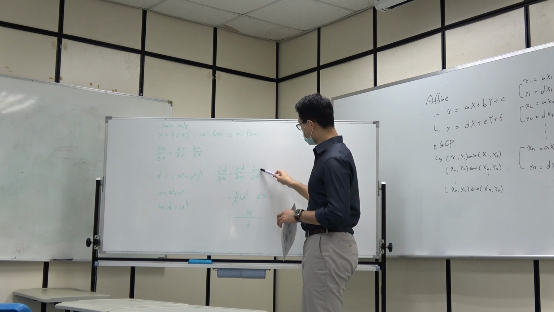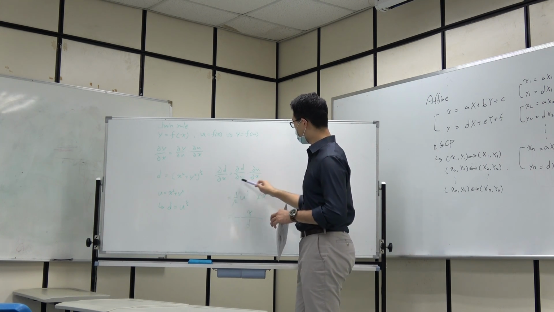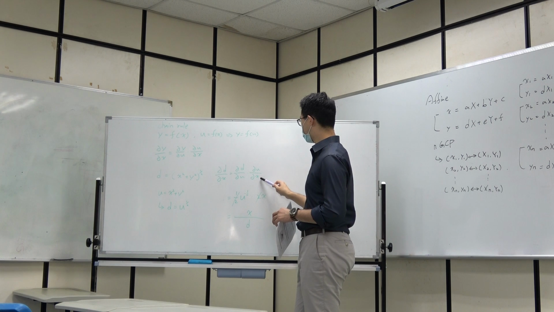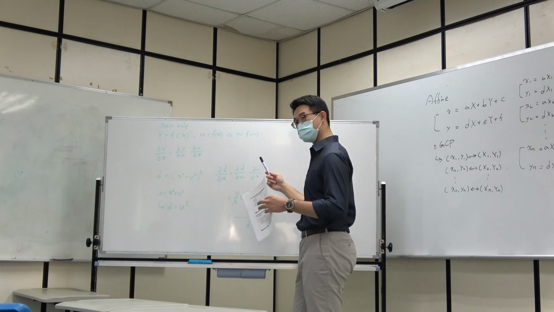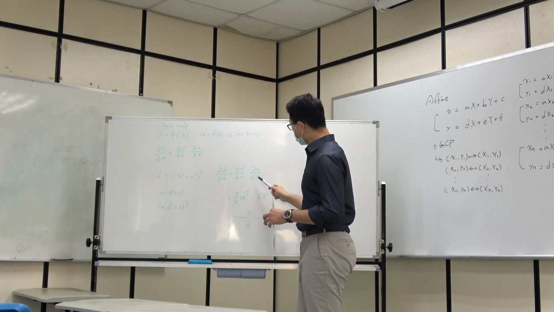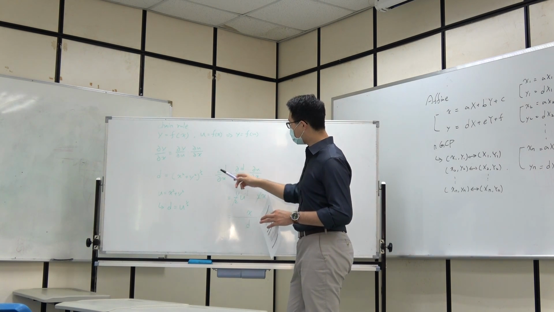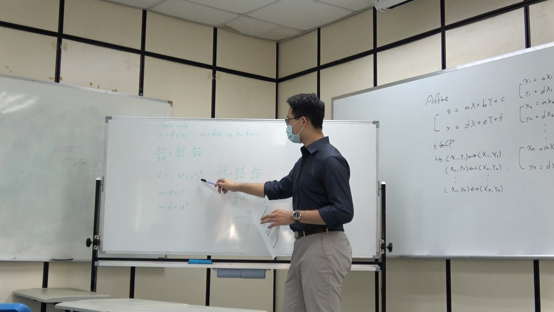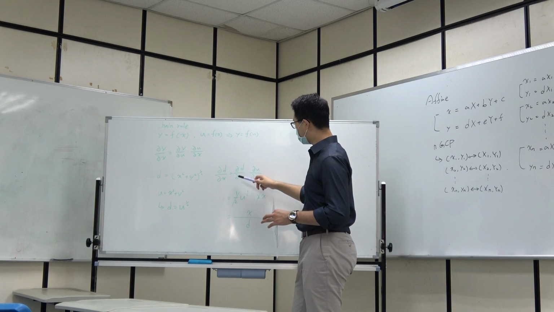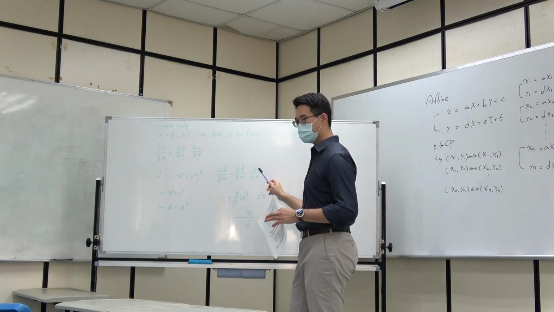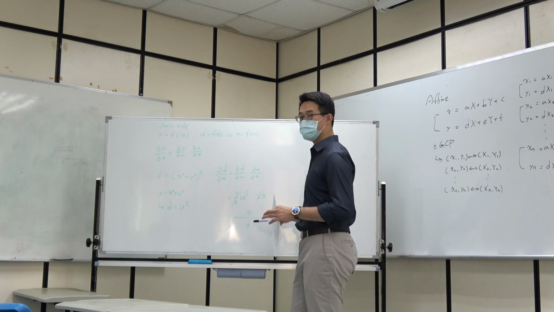Later on, that variable will take whatever you want to take as the derivative. That's the chain rule. Even though the first equation is complicated, if we separate it into two equations, then it will be very easy.